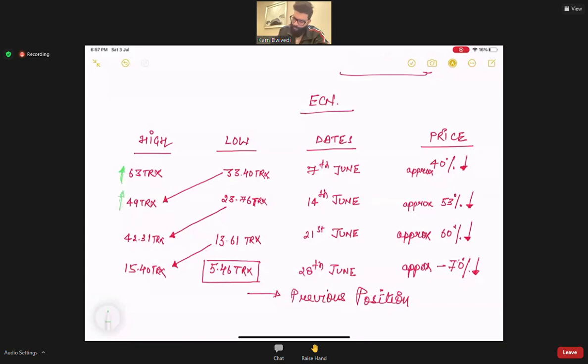The price was higher here. I'm talking about the opening price compared with the previous low. These are the previous lows, and these are the opening prices for each week. Can I see your hand if you understand this table? I'm just trying to give you the statistics.